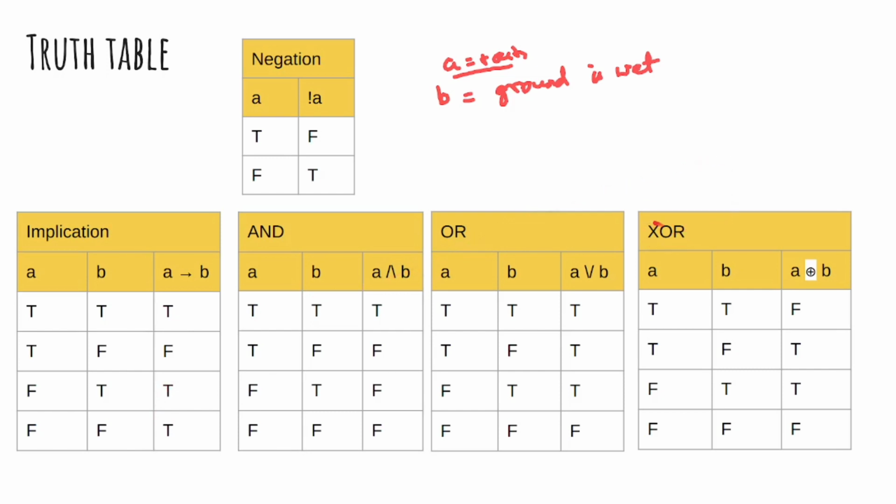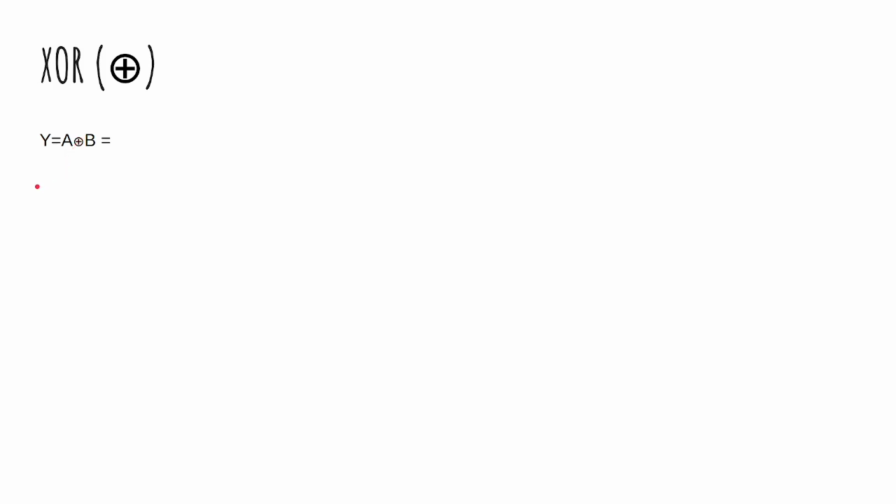Now let us focus on XOR, exclusive OR, and to proceed with exclusive OR we should understand the formula here. So here Y is the result, A exclusive OR B. If you expand or try to understand what the formula is, this is simply OR. First of all write OR. So A or B, you have to write A plus B, meaning A or B, then in between we have to write AND, and in the second part we have to write the negation of both operands.